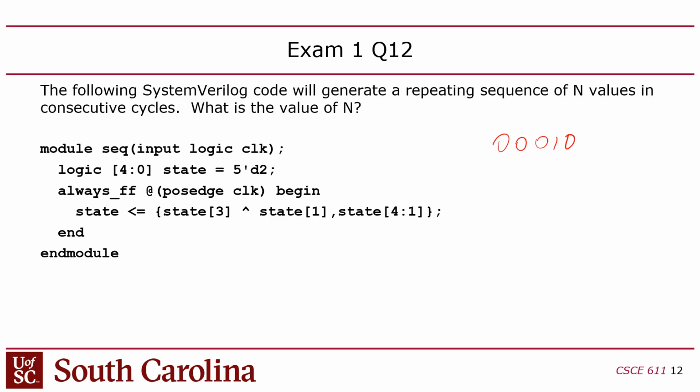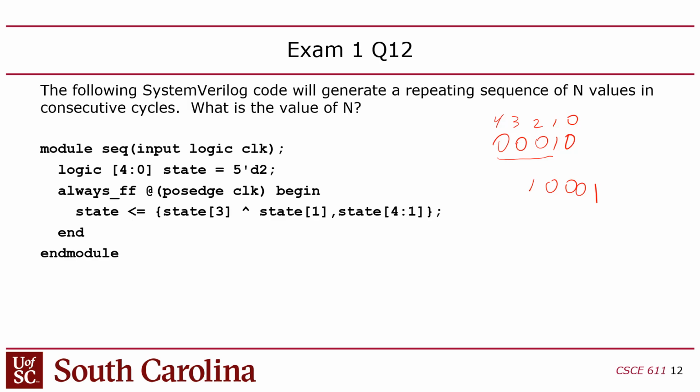And every cycle, we're going to take the upper 4 bits and shift them down. So 0, 0, 0, 1, right? And then the most significant bit will be replaced by bit 3 XOR bit 1. So this is bit 4, 3, 2, 1, 0. Bit 3 is 0 and bit 1 is 1, so we're going to have a 1 there, right?